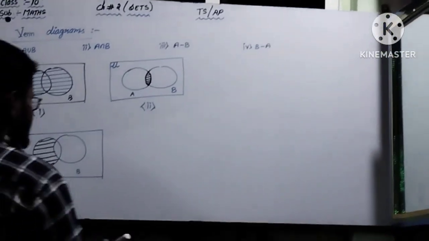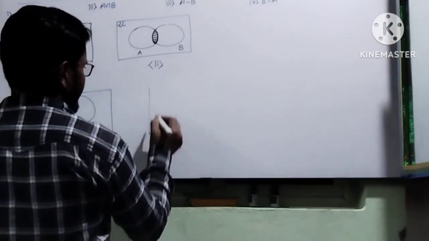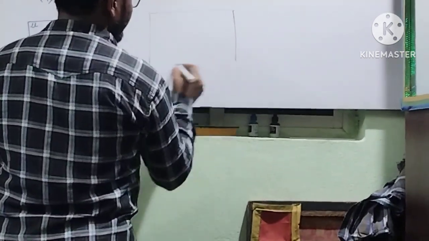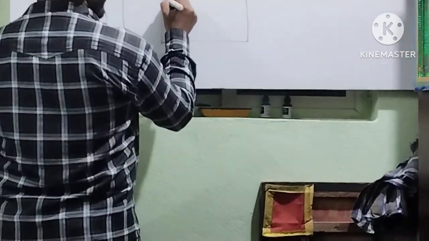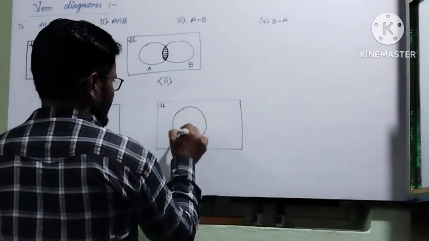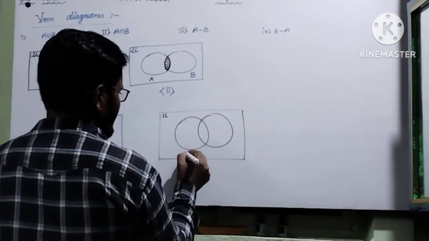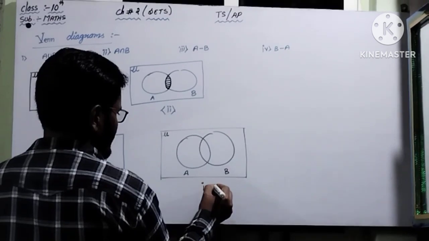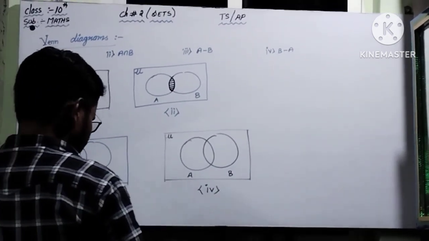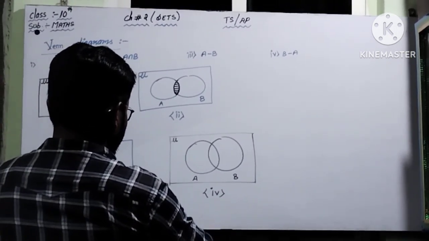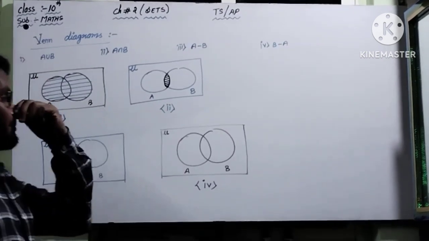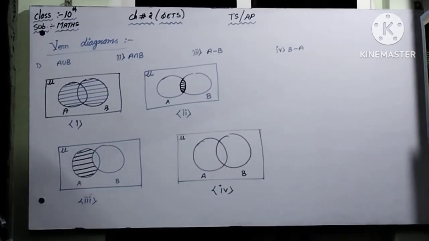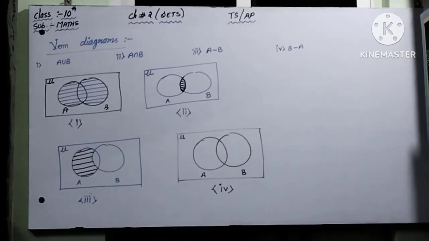The next one is the fourth one. In this fourth one, B minus A, B is positive and A is negative.